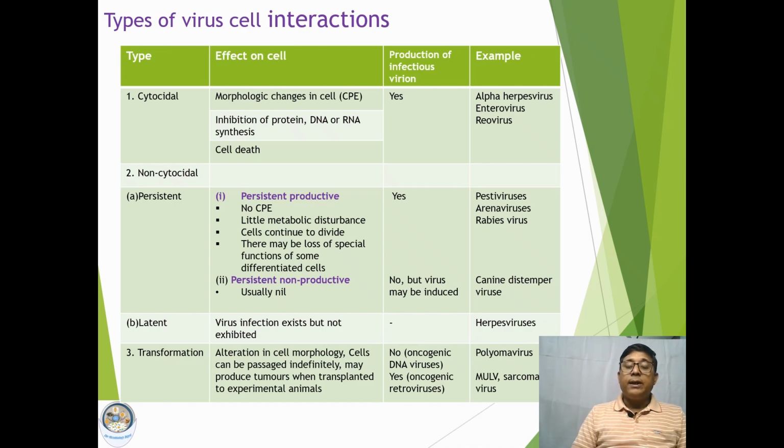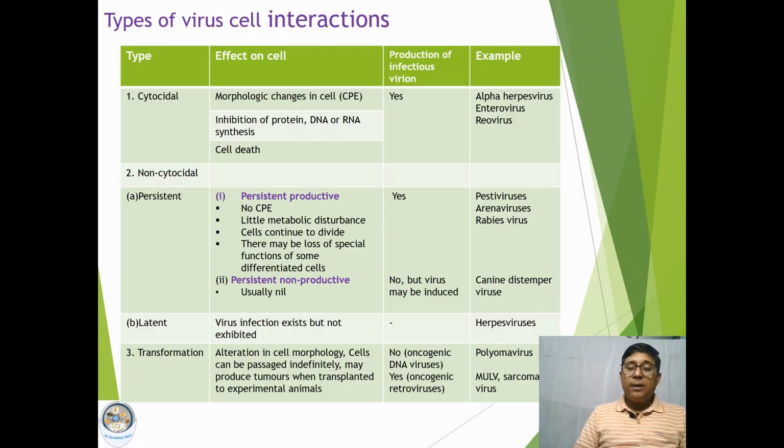Mostly the oncogenic viruses show this type of interaction. Both DNA and RNA viruses can be oncogenic. For example, among DNA viruses, polyomavirus is an example, and among RNA viruses, the sarcoma virus.